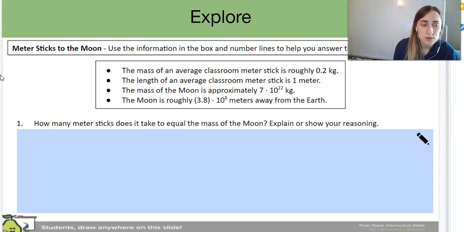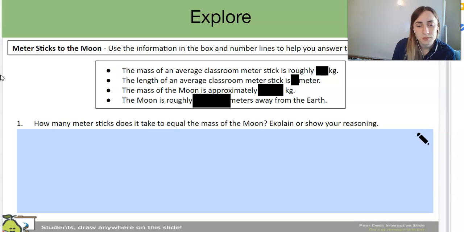So what you could also do with this type of problem is just block out the numbers and leave the units. I'll show an example of that now. And then that can help students see, okay, based on this question, I need to think about mass.